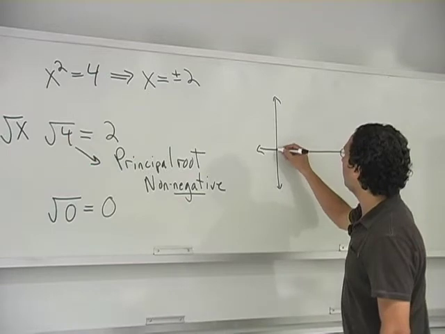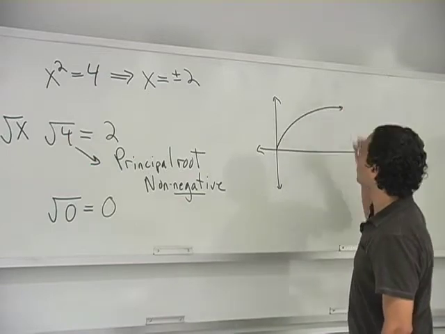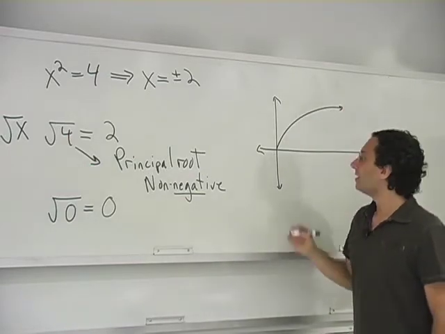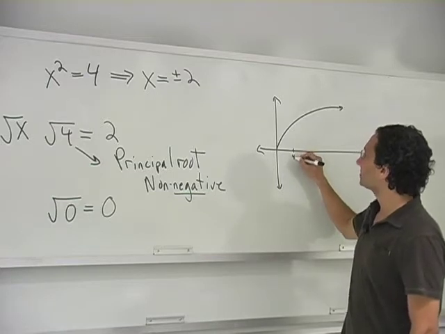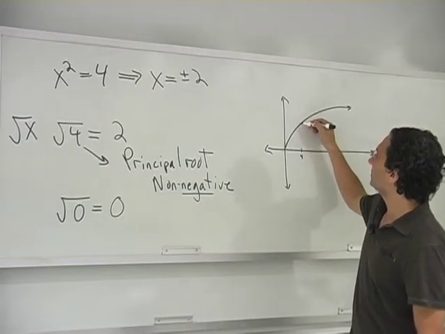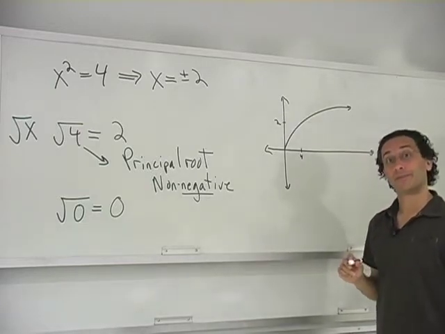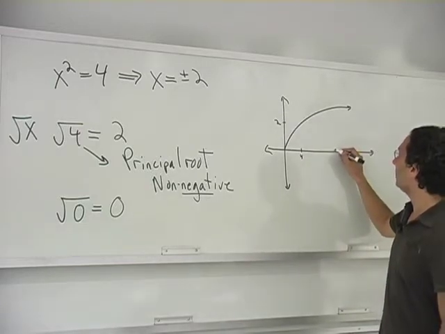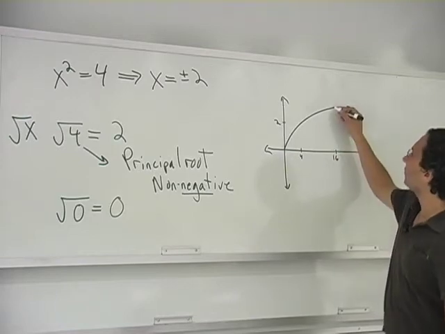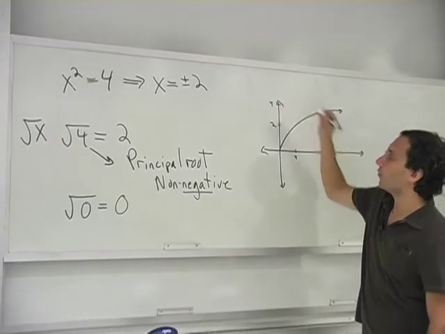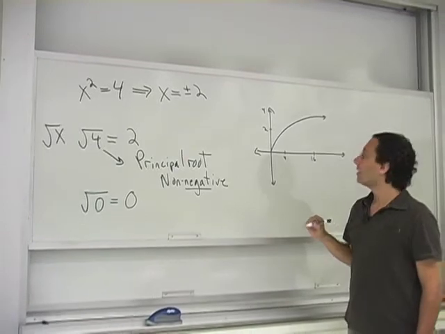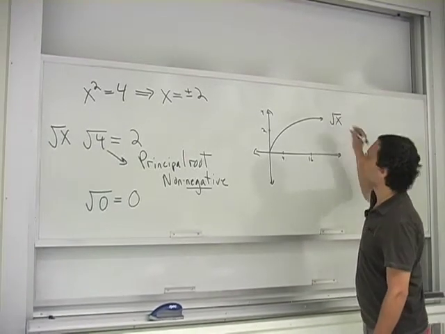So let me give you the picture. If I have a 4 for x, its square root, sorry, this isn't exactly to scale, its square root would be 2. If I have a 16 out here, its square root would be 4. So this is the square root of x.